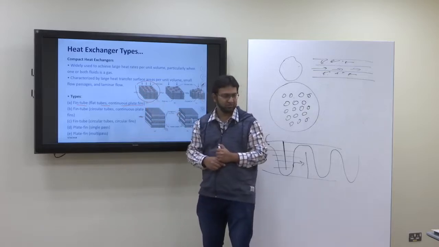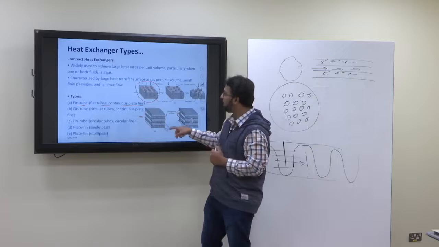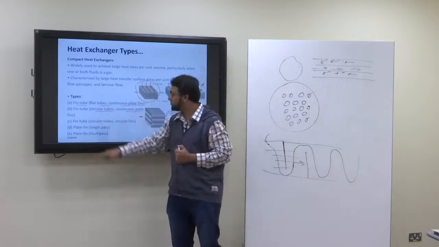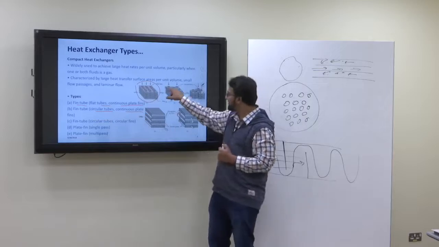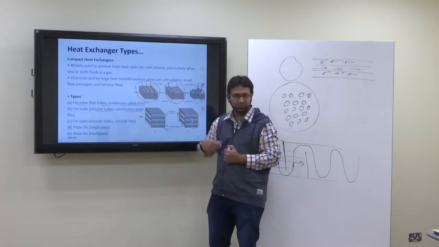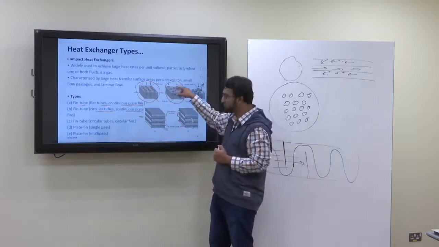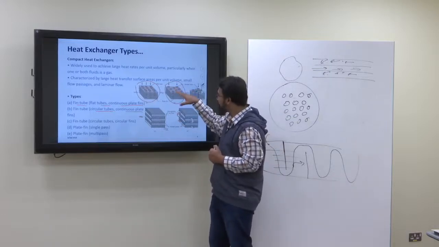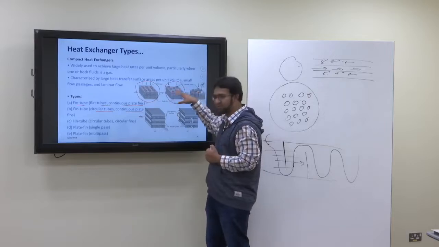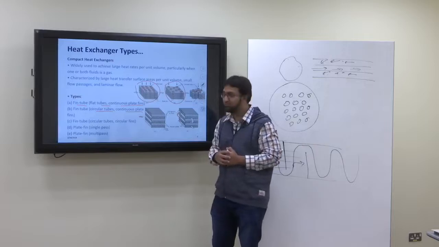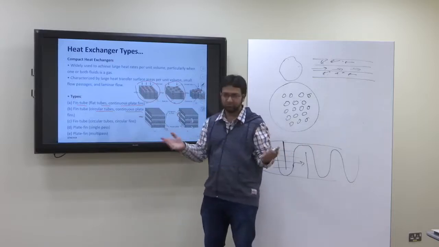Then you can have fin tube with circular tubes and continuous plate fins. This is exactly the same as you saw before in the cross flow. You have tubes, and these tubes are all connected through these plate fins. So there will be cross flow, and this is a compact heat exchanger.